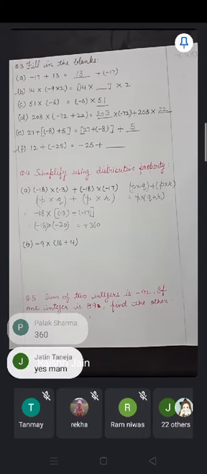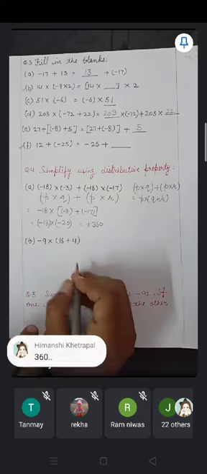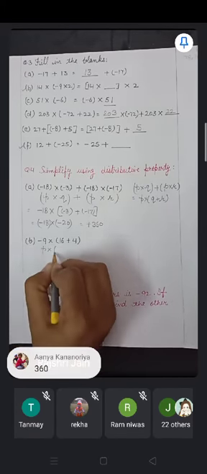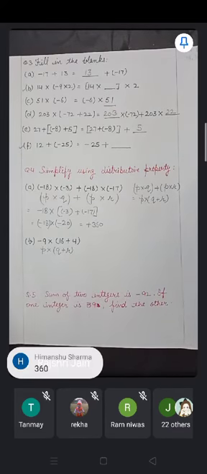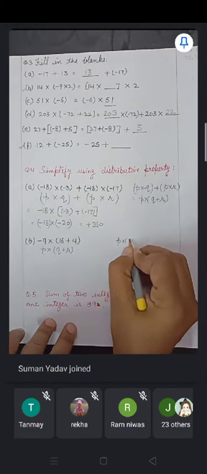Now the B part is -9 into 16 plus 4. Again it is given in the form of P into Q plus R. Yes, one bracket is given to you, मतलब merged form दी हुई है आपको, you have to convert it into two brackets. So what is the value of P into Q plus R?